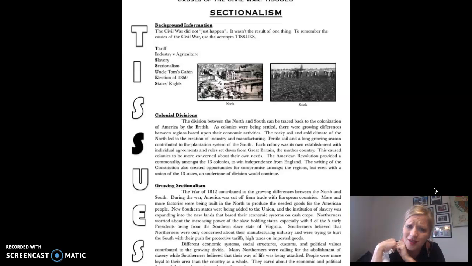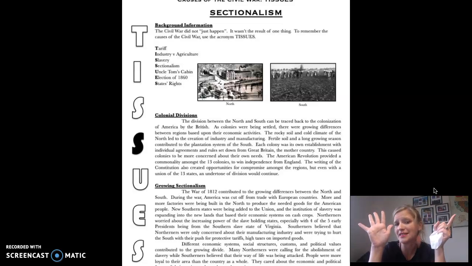To remember the causes of the Civil War, use the acronym TISSUES, which stands for tariff, industry versus agriculture, slavery, sectionalism, which is what we're talking about today, Uncle Tom's Cabin, the election of 1860, and states' rights.